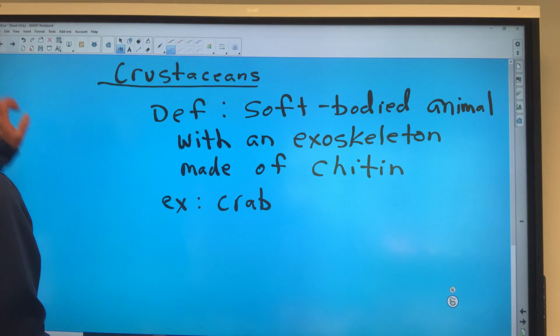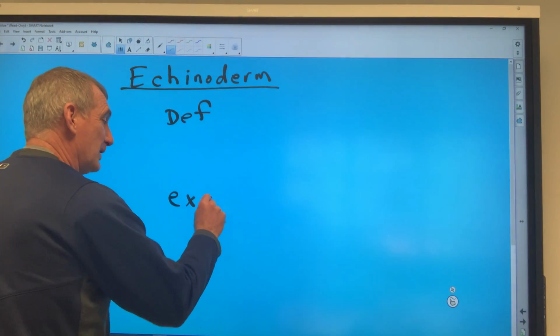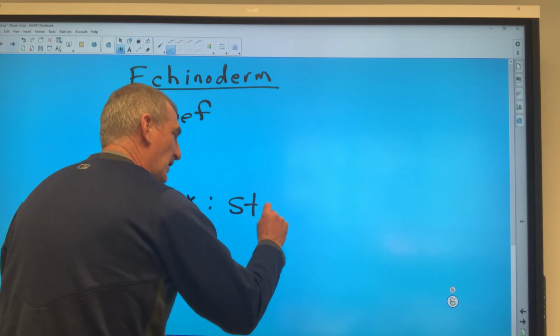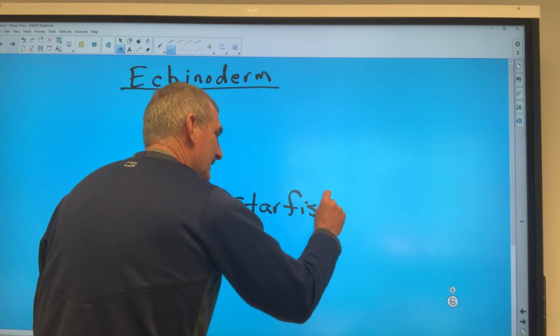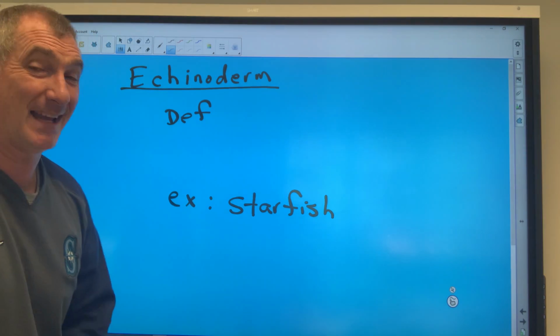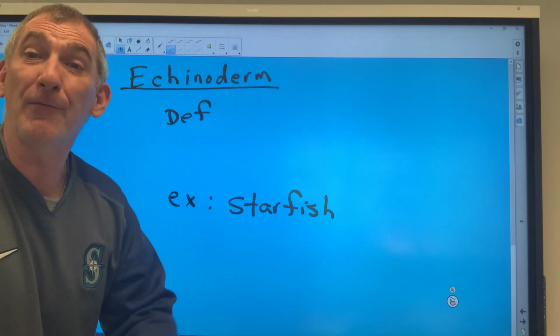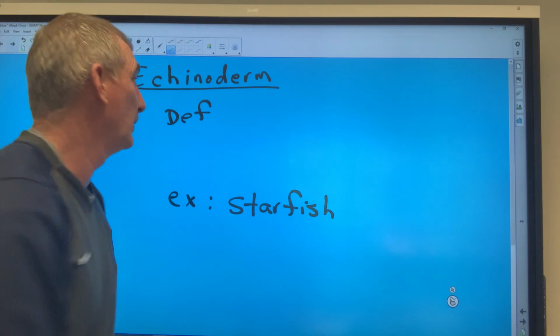Another animal: echinoderms. Let's do examples first. Like starfish, sand dollars, sea cucumbers, and sea urchins. How are they different from any other animal? Well, let's start off with that soft body again because they don't have bones.